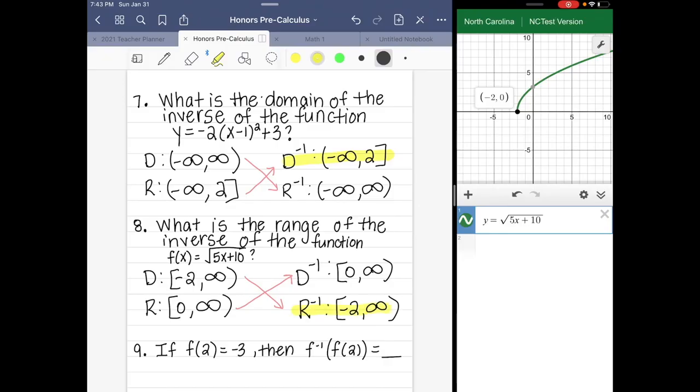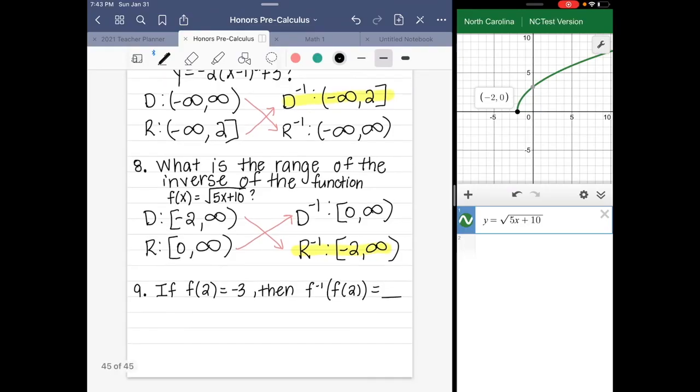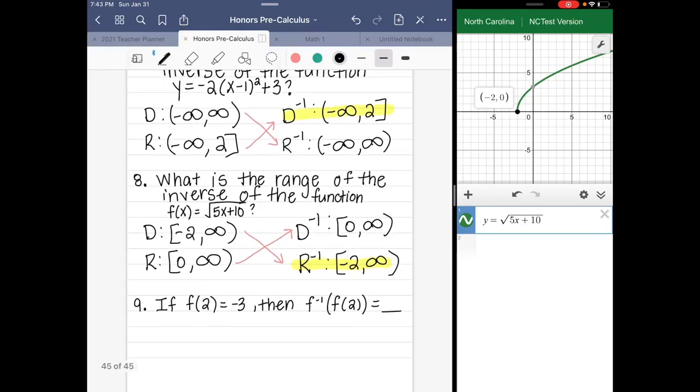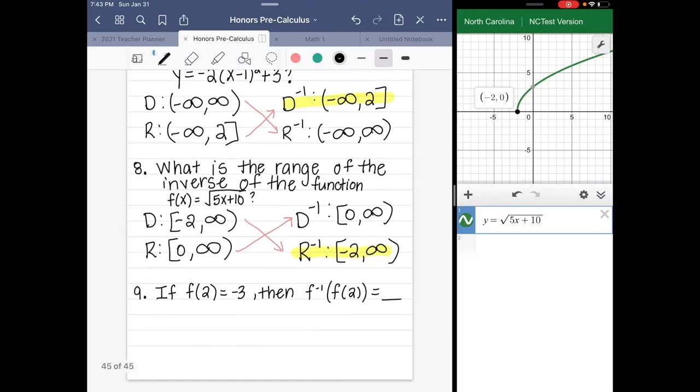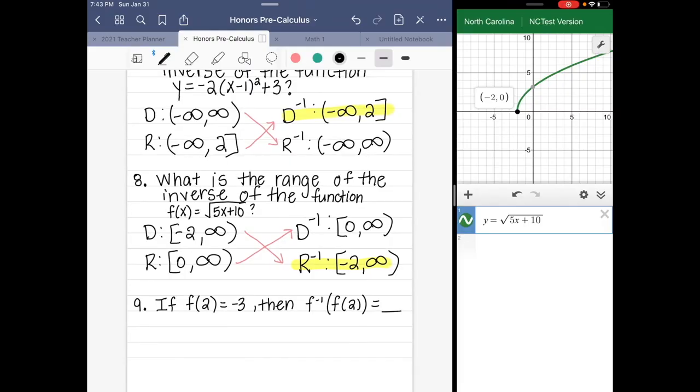They asked us to find the range of the inverse, so it's going to be -2 to infinity. And again, you will be able to make more connections once we start looking at the actual equations and algebraic method of finding those.